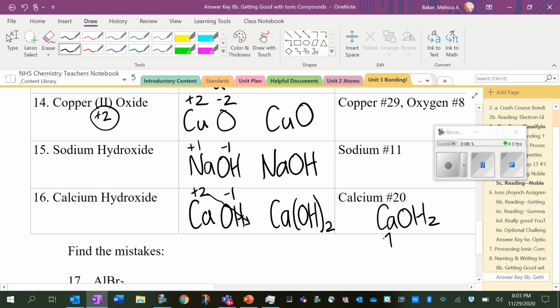It would look like it was Ca1O, 2 hydrogens, versus the real answer, which is Ca, and then it's with 2 OHs. So that's much different because otherwise we're saying only 1 oxygen and 2 hydrogens. Here we're saying 2 oxygens and 2 hydrogens.